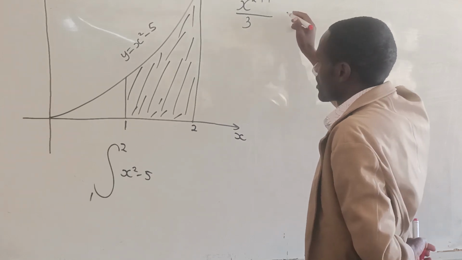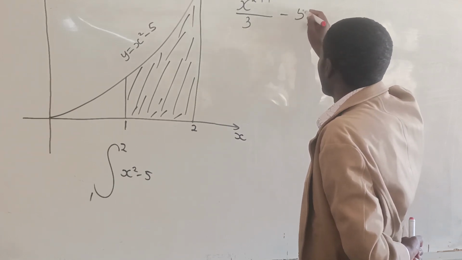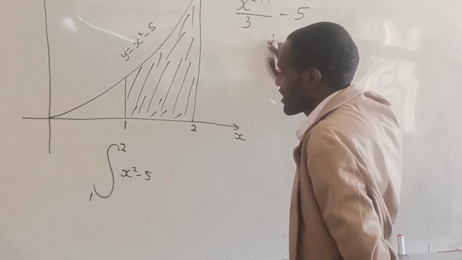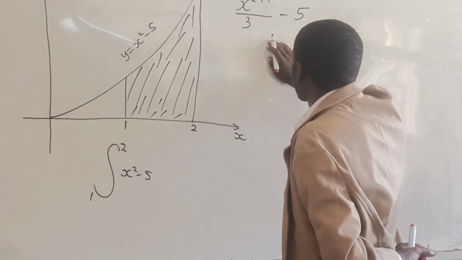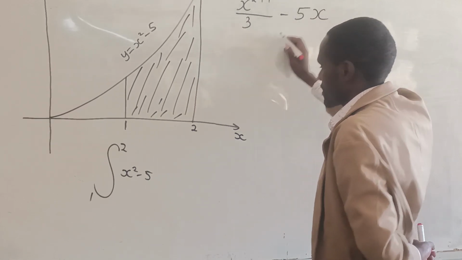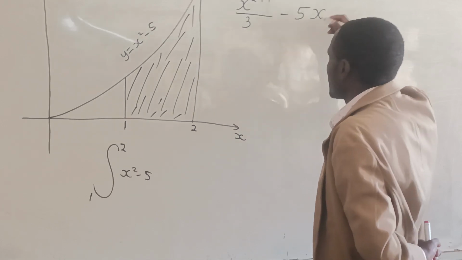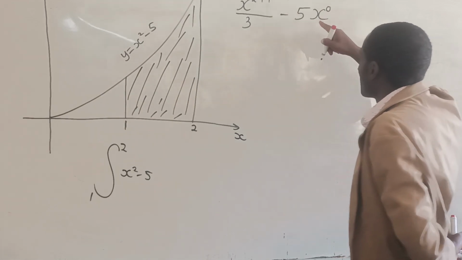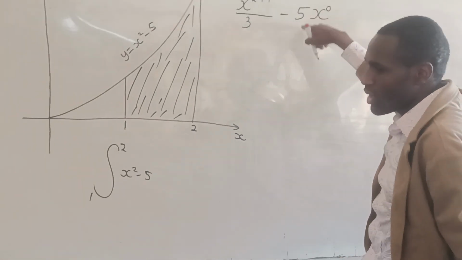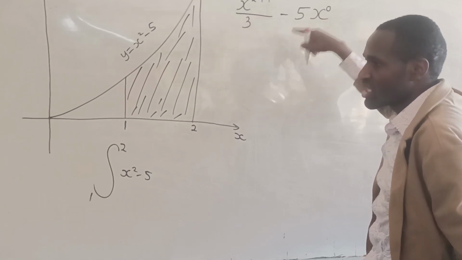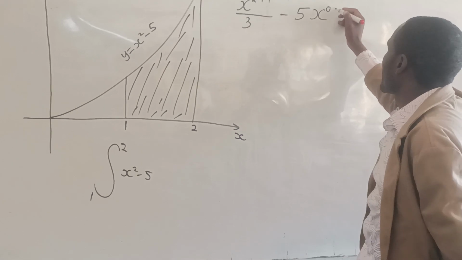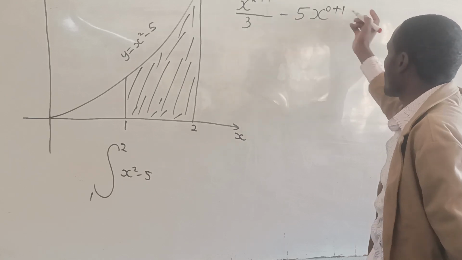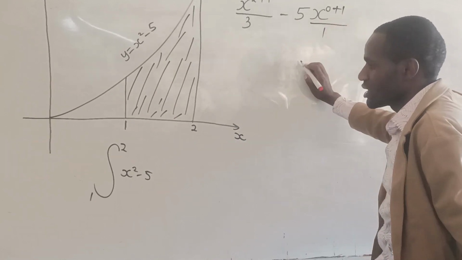Then we move to the next part of the equation, which is 5. Because there is no variable on that constant 5, we introduce x and assume it is raised to 0. The x raised to 0 translates into 1, so adding 1 to the power gives 1, and we divide all through by 1.